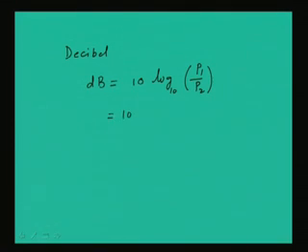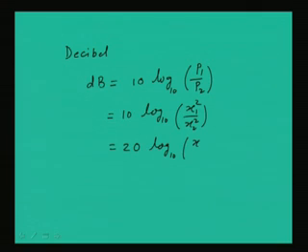So this can be written in terms of the displacements, that is the square of the displacements. Because the square can come outside, so 20 log 10 x1 by x2. So this is the definition of the decibel unit.